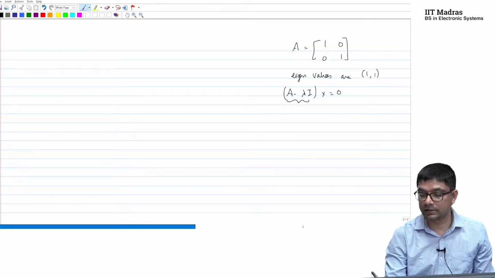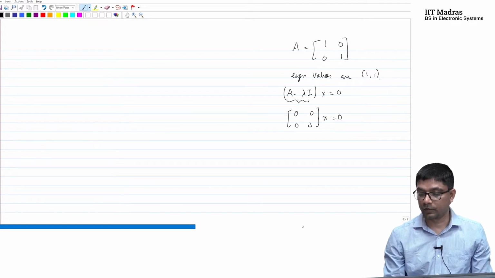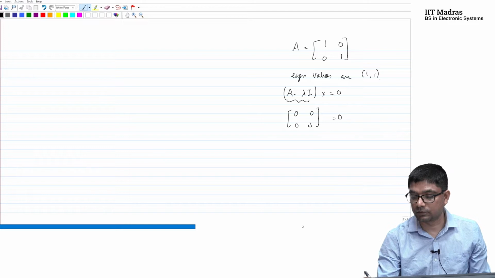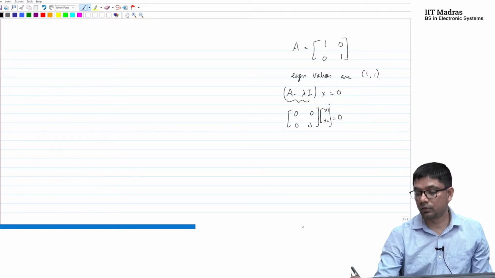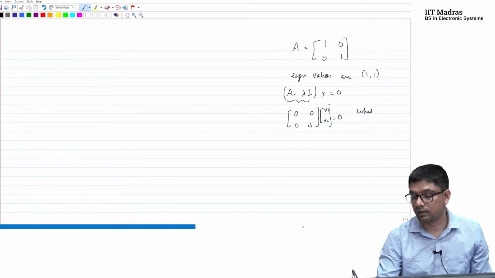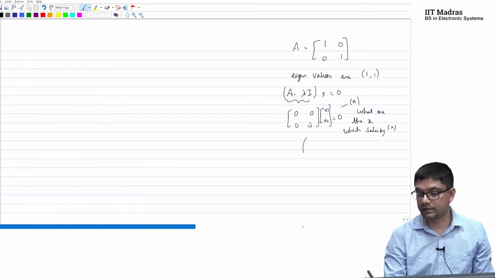A minus lambda I will just be the 0 matrix, 0, 0, 0, 0, times x equal to 0. Okay, so x here is a vector in R2, so let me write this as x1, x2. So what are the x which satisfy the equation star? Let me just check.